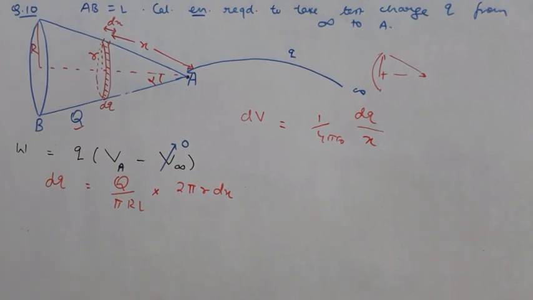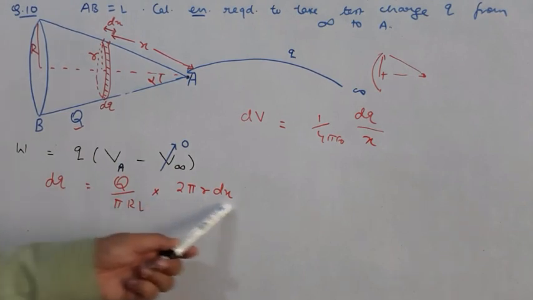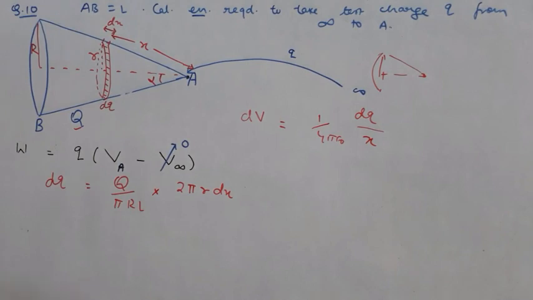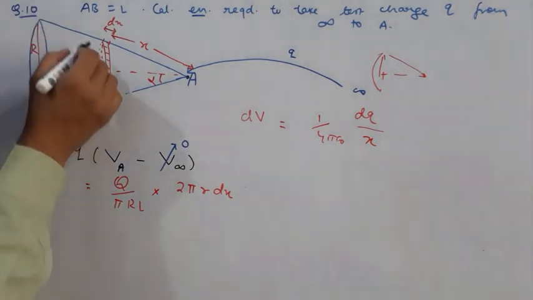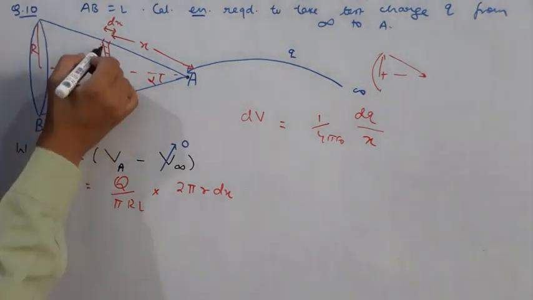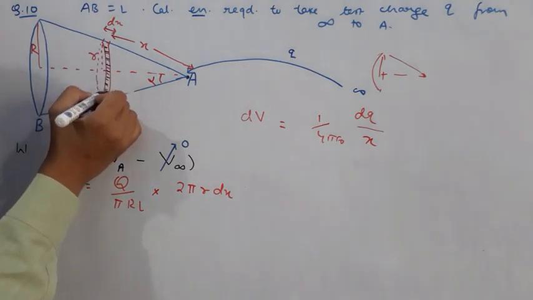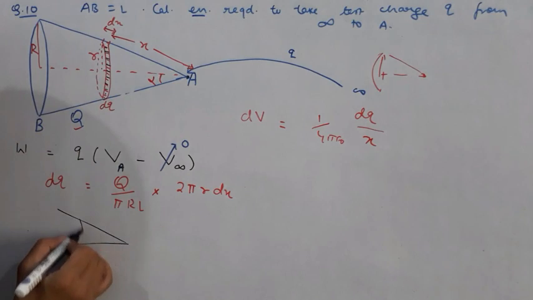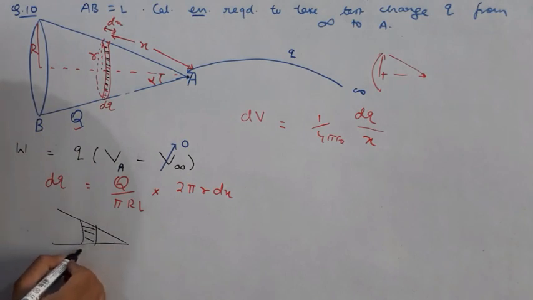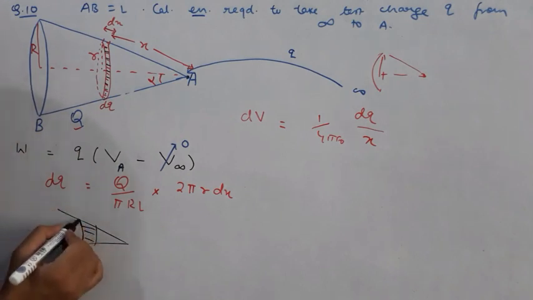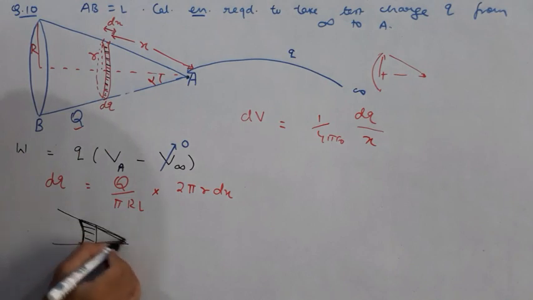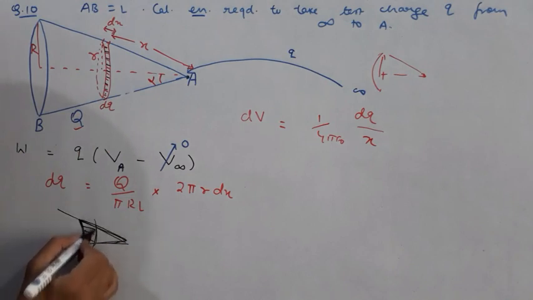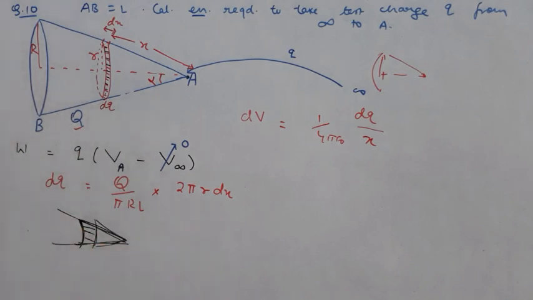If you are not very satisfied with this statement, let me try to satisfy you. See, if we have this cone and I have to find this particular area, I'll find the area of this bigger part and from that subtract the area of this smaller part, the surface area.